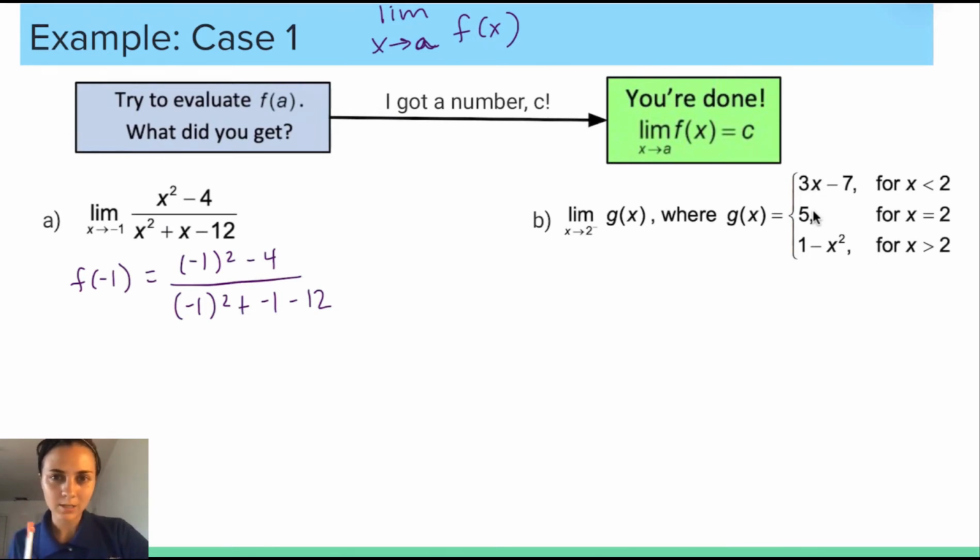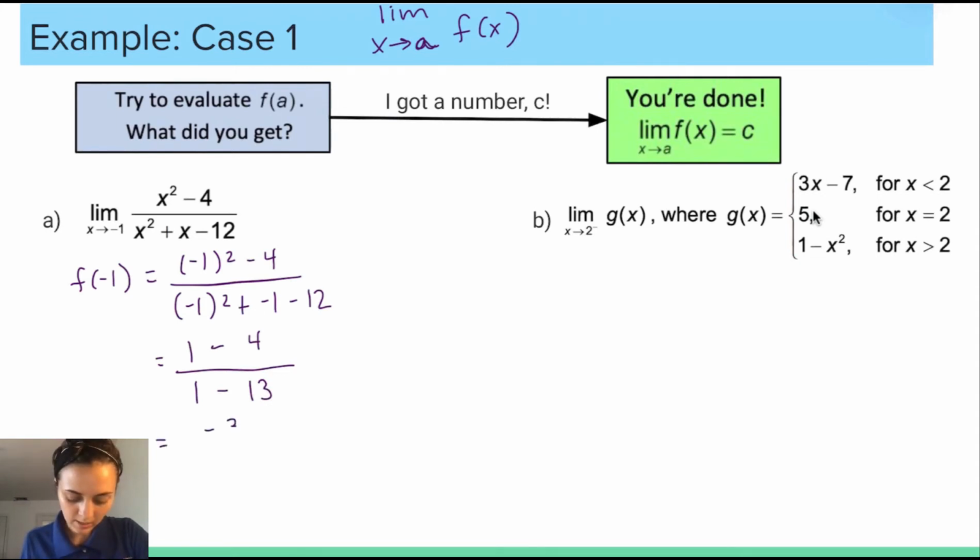Very important, don't forget those parentheses because that will turn -1 squared into +1. I'll write -1 minus 12 is -13. So this is -3 over -12, which is equal to +1/4. I got a number, so I'm done. Hooray!